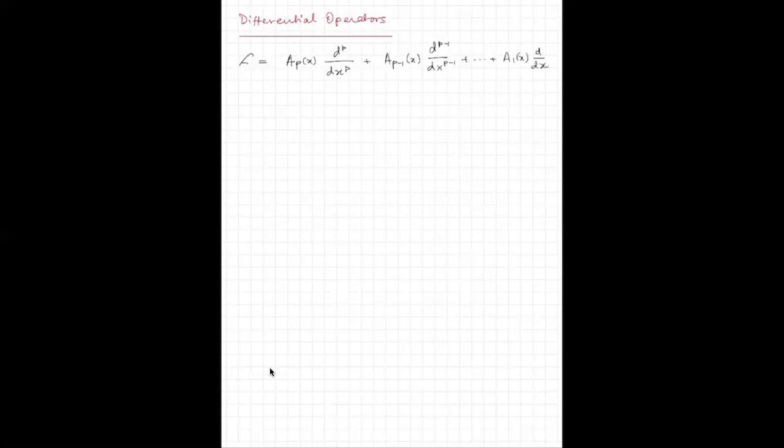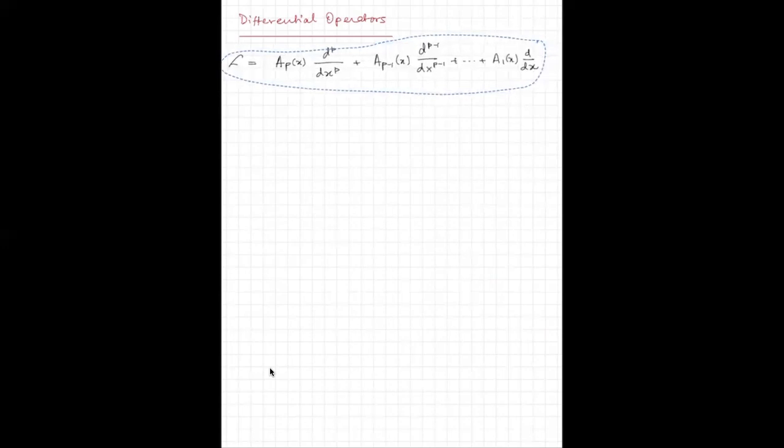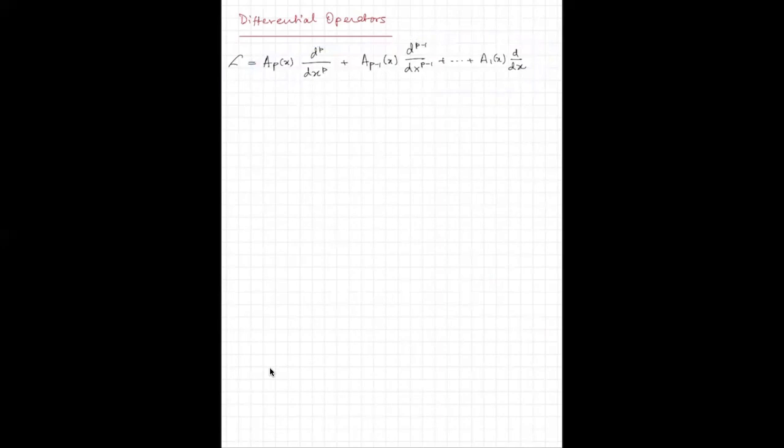And since I'm running out of space, let me move things around. And at the end of the day, you have some a_0. Okay, so this is a linear differential operator of order p.